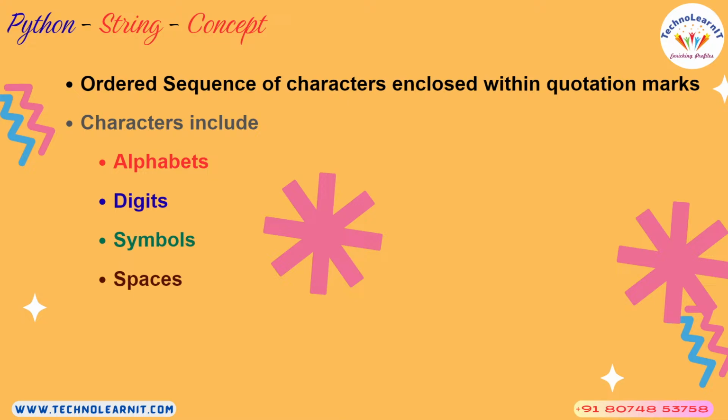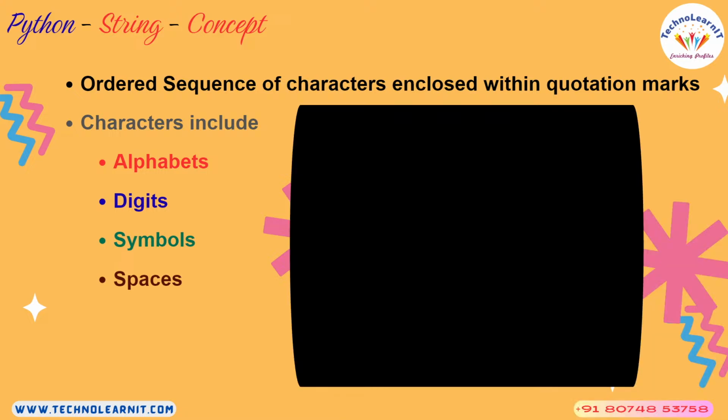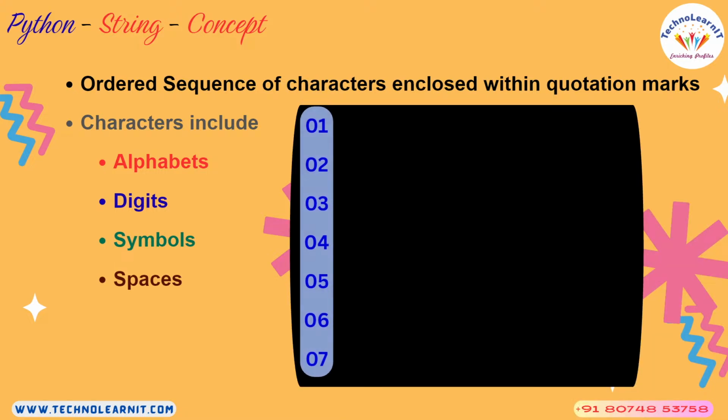And finally, space characters, not only space but also the tab character, the new line character, all these things can be considered strings when they are enclosed within single quotes. All right, let us look at some examples.